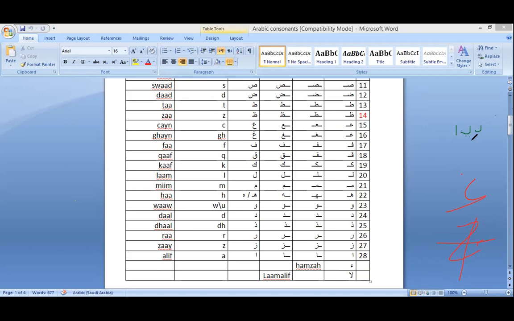Which one is that? Yeah, right. And this one? Alif. Now, why have you separated this from here? Why did you separate these two?